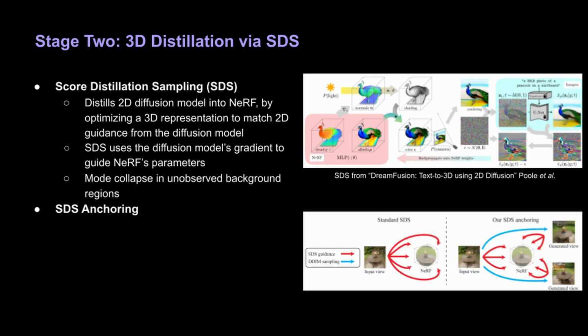This is addressed by SDS anchoring. First, the 2D diffusion model is used with DDIM sampling to create multiple anchor novel views around the input scene. This step leverages the inherent diversity of the 2D diffusion model, which is less prone to mode collapse than SDS.